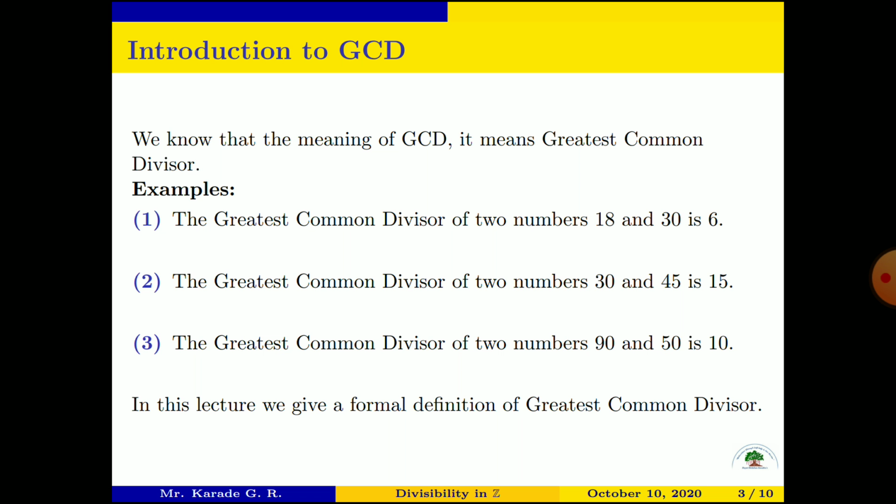Among all these common divisors, we find the maximum of all these common divisors. That maximum number is called the greatest common divisor of 18 and 30. So this is the procedure to find the greatest common divisor of any two numbers.